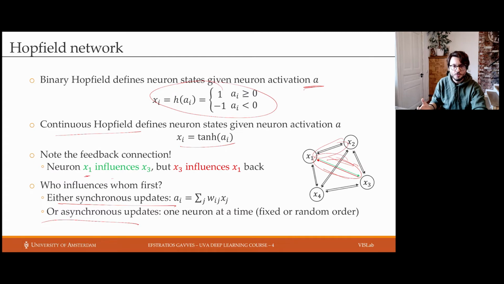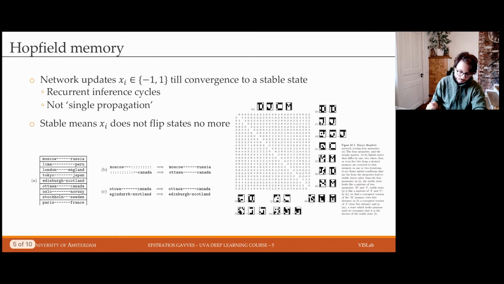Of course, all these choices can have a very severe impact on the behavior of our model. Now, Hopfield networks are very well connected with memories, Hopfield memories. So that's actually what is quite nice about them.